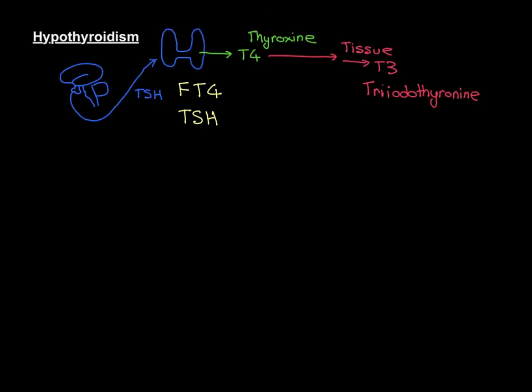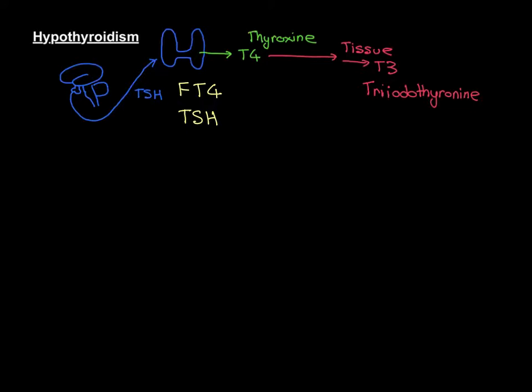A transthyretin globulin is the name for the protein. So it's a protein in the bloodstream that carries the thyroid hormone around. However, some of it remains unbound to that, and we actually just measure the amount that is unbound rather than measuring the total amount that is bound and unbound. So that's what we mean when we say FT4 or free T4. It's the amount that is unbound to globulins in the bloodstream.